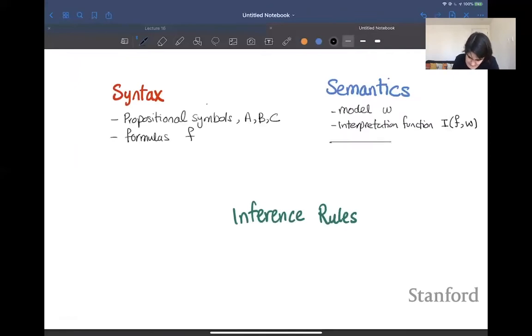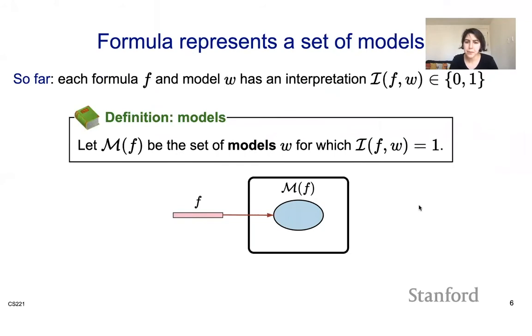Let me erase this. We have models M of F. Okay, and what is that? That is a set of W's such that the interpretation function of F and W is equal to 1. All right, so now we have our models.